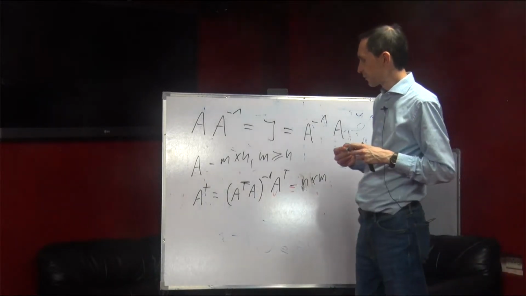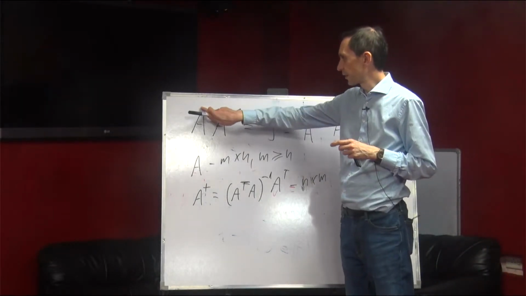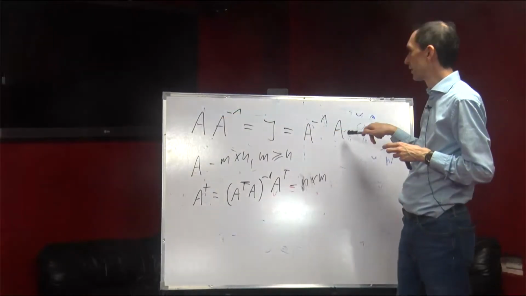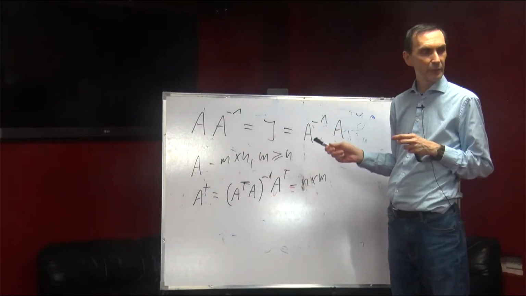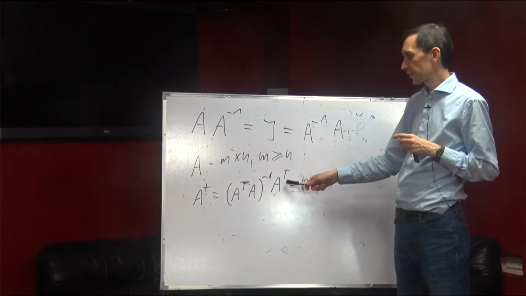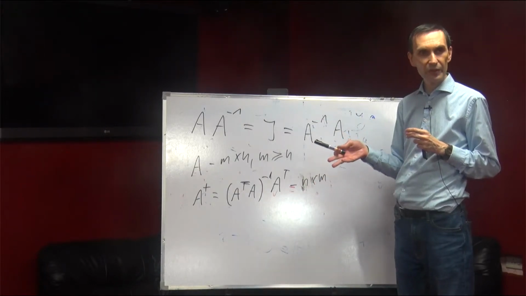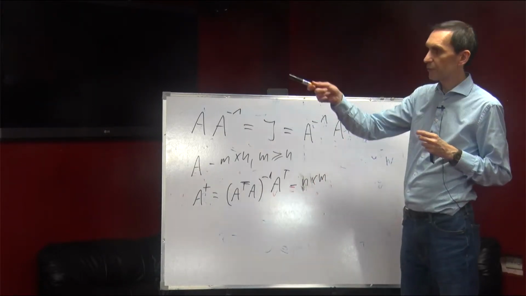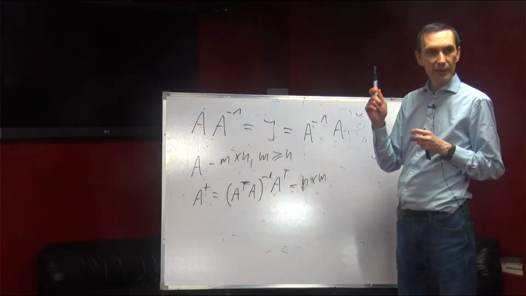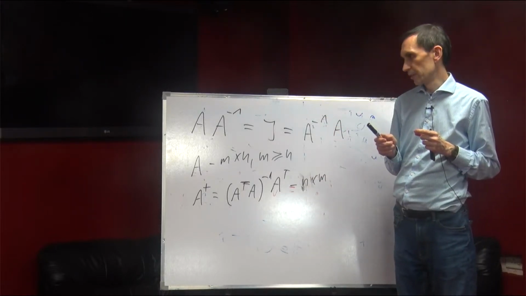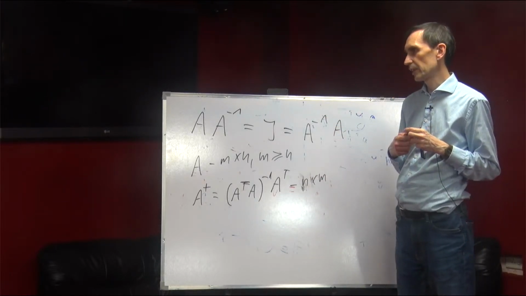But you have to be careful, because the standard inverse doesn't make a difference if you multiply from left or from the right. That's not the case here, because the pseudo-inverse depends on whether it's a fat or a tall matrix. And that's why they call this, for example, the left inverse.